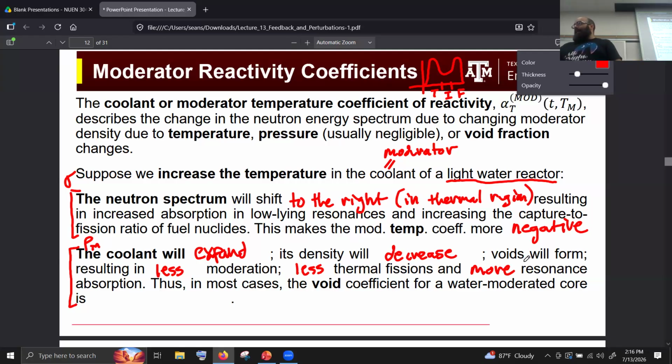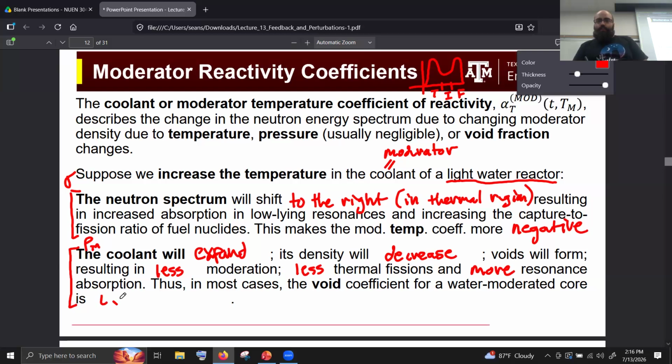And so in that case, if we think about the void coefficient for a water moderated core, it's going to be large and negative.